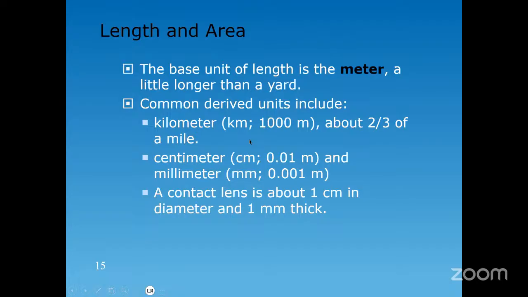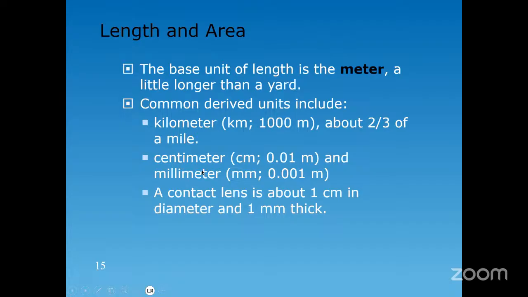And then there are some derived units based on a combination of the prefix and the base unit. So I mentioned this one earlier. 1 kilometer is equal to 1,000 meters. And just to give an idea, comparison to the non-metric system, that's about 2/3 of a mile. Centi means 100th, so 1 centimeter is equal to 100th or 0.01 of a meter.